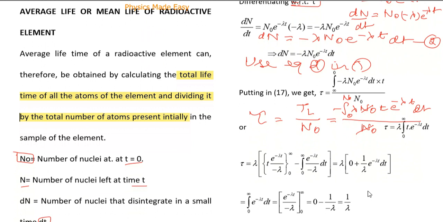From here, tau is equal to minus the integral from 0 to N naught of lambda t e raised to power minus lambda t dt.